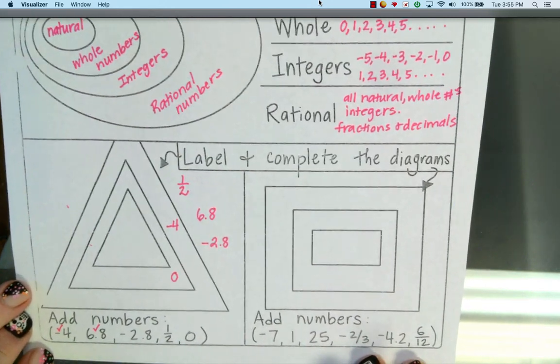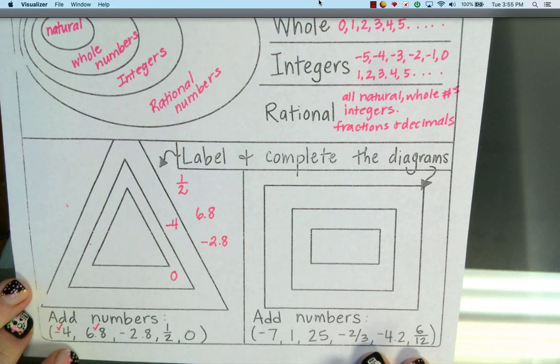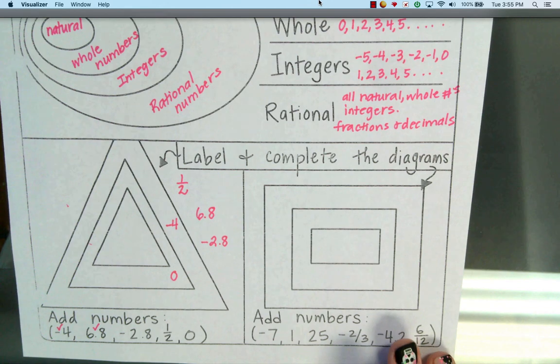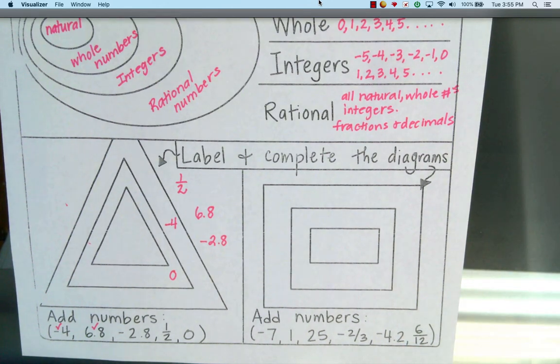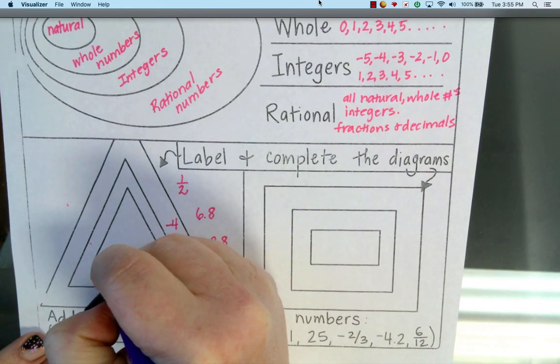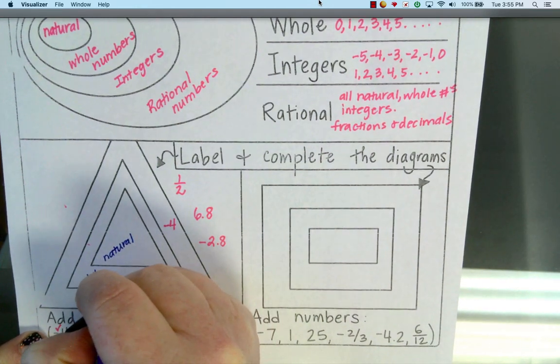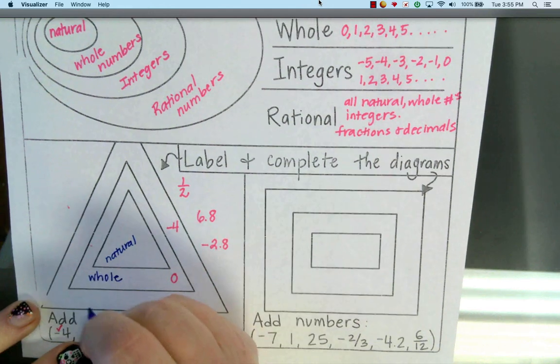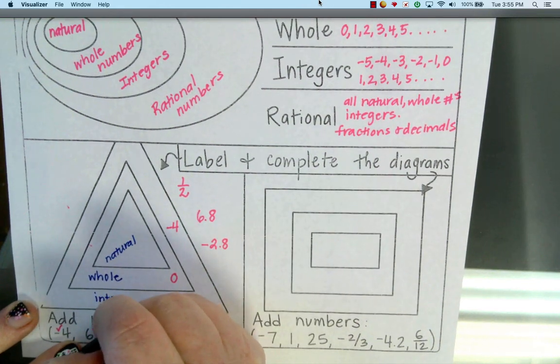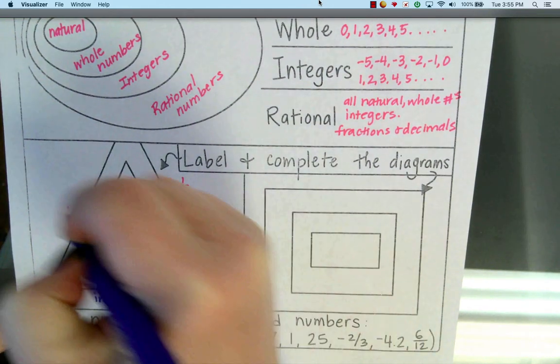Let's look at our next diagram, okay? So, well, hang on, we'll do this too. If you want to take another color, do this. So these are my natural. This is my whole. This is my integer. And then outside, rational.